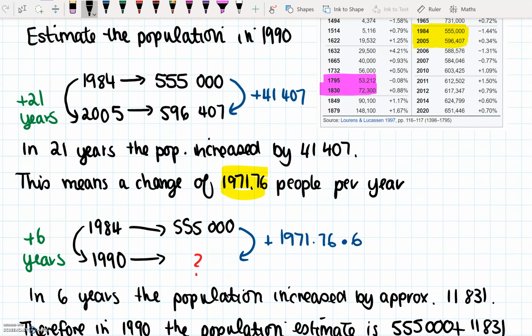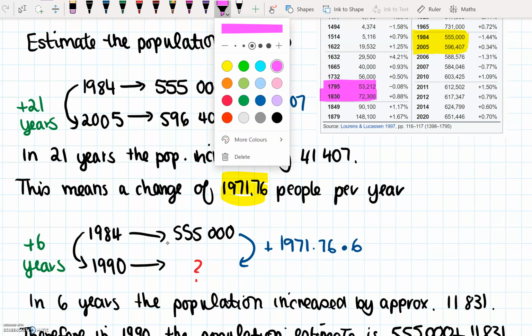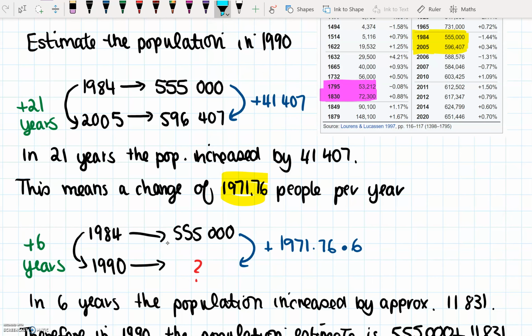Okay, let's have a look. When you're extrapolating, you must use the data closest to what you're looking at. So in this case, we must use these last two data points.